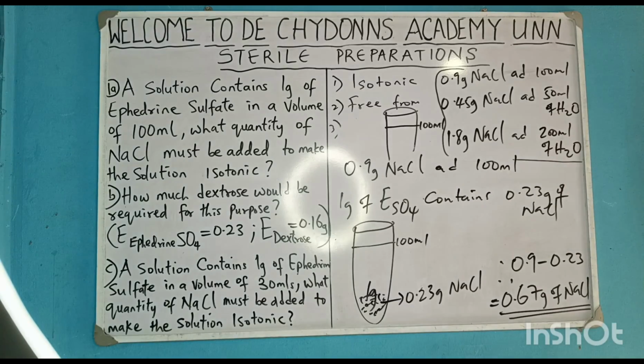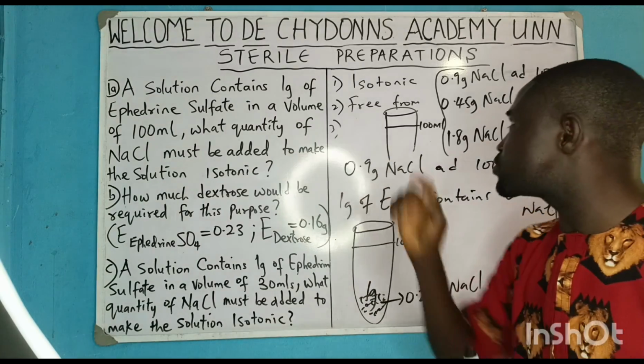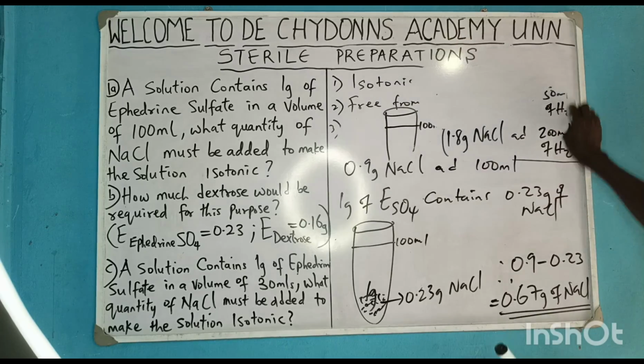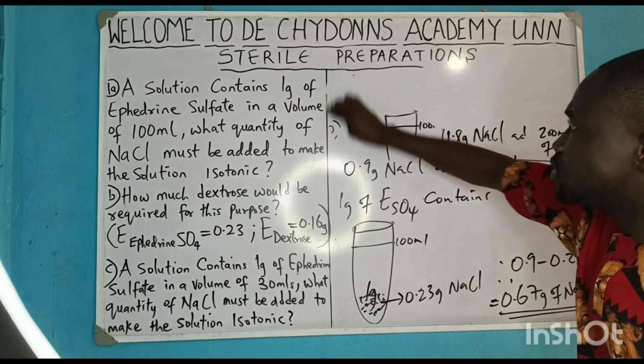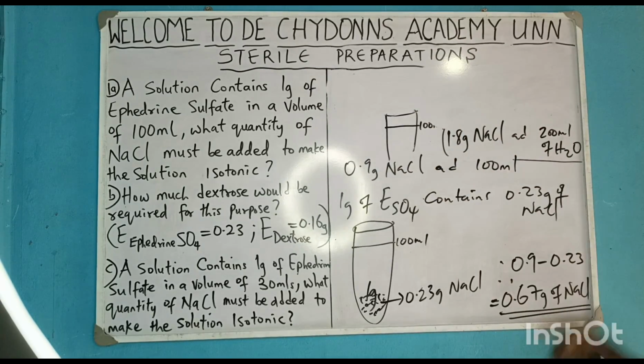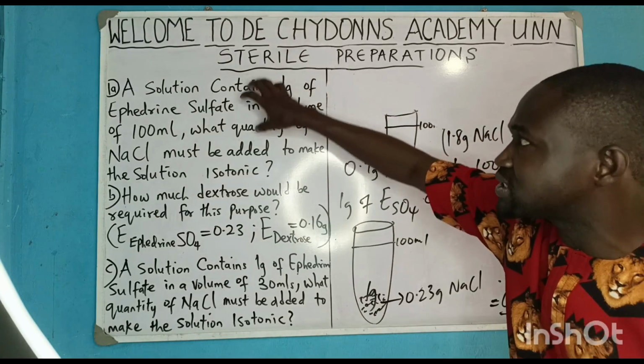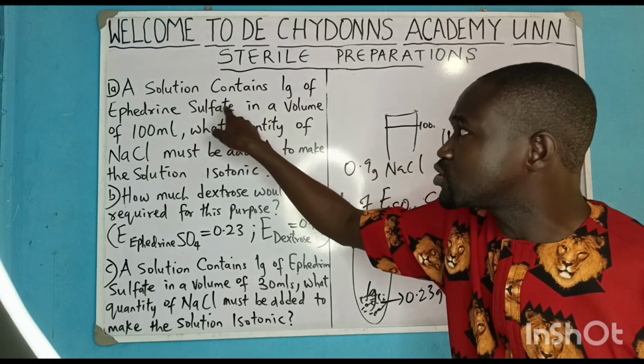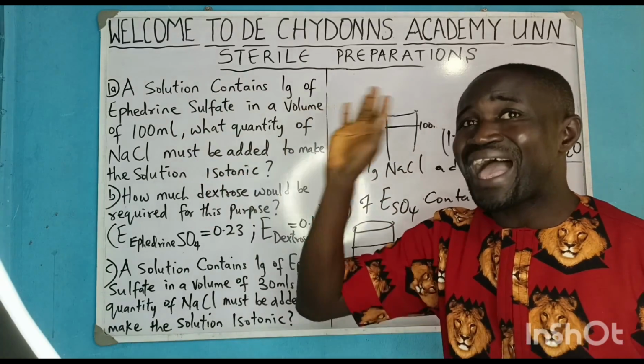So as I've answered this question, I will now tell them that from my calculation, it is 0.67 gram of sodium chloride that is needed for this 1 gram of ephedrine sulfate in 100 ml to be isotonic.